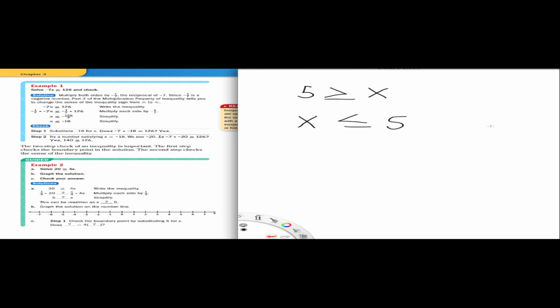And to graph the solution on a number line, you'll need a line, of course. We'll go ahead and just get a line here. Put some arrows on the end. This line's name is x.